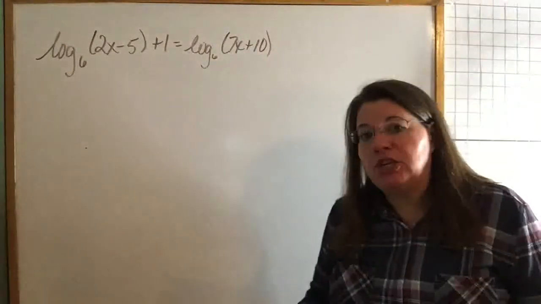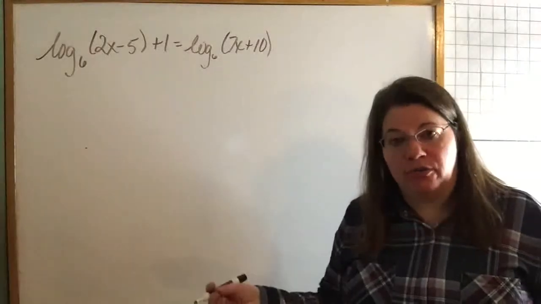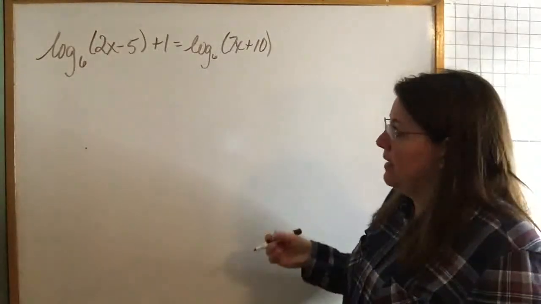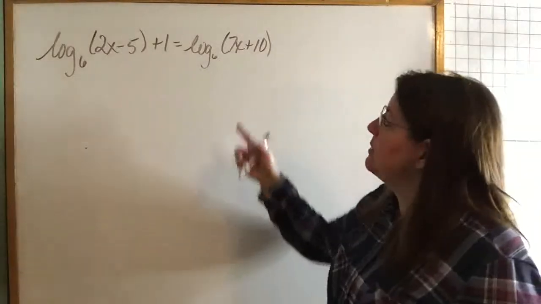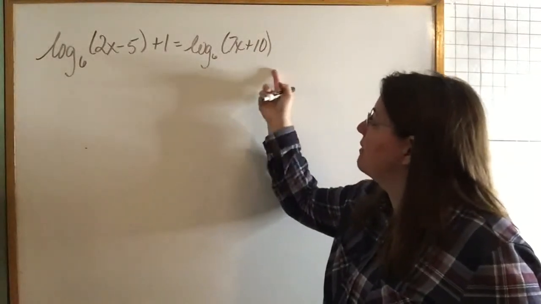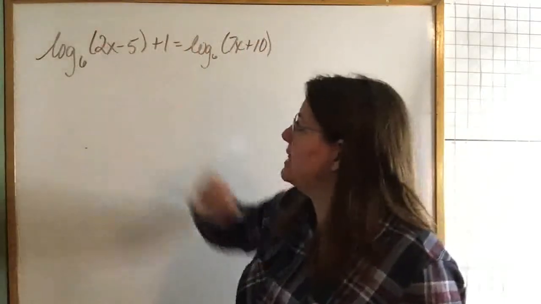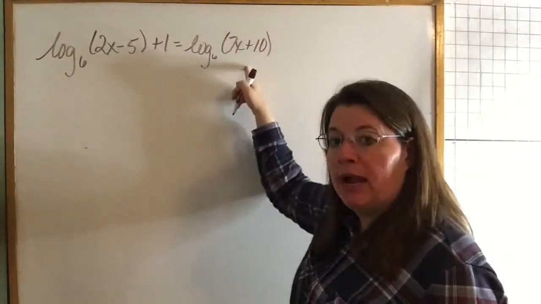The easiest thing to do is to get the logs on the same side and get anything that does not have a log on the opposite side. So I'm going to move this log base 6 of 7x plus 10 to the left-hand side and move the 1 to the right-hand side.